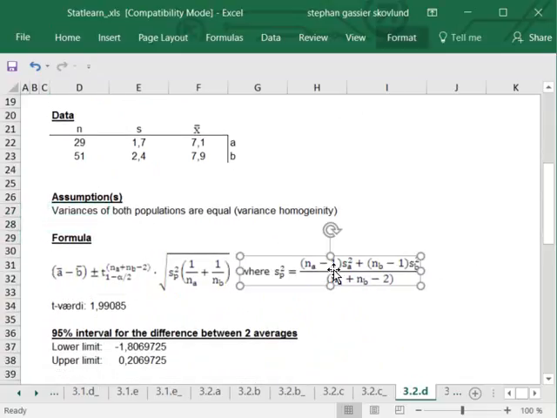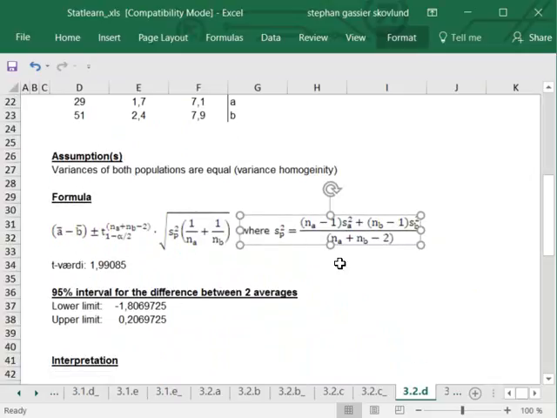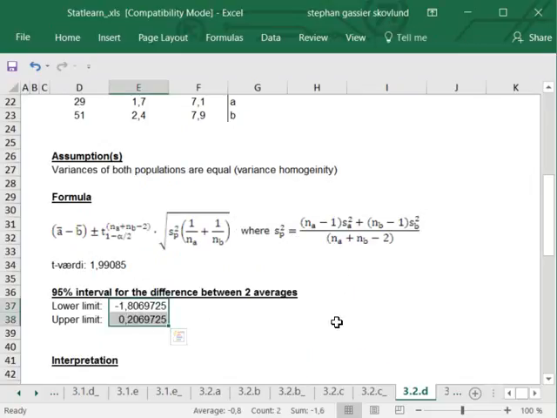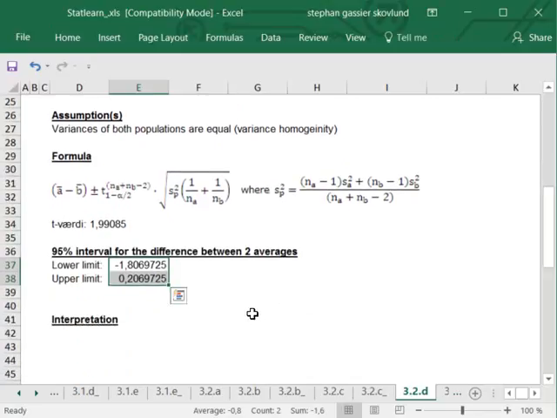This is a killer formula. I will not go into the details here, but this is, you can say, behind the curtains. This is the model that is used to obtain the results we get here. Now, we have an interval, and this is very important to know when we do a confidence interval for the difference between two averages.